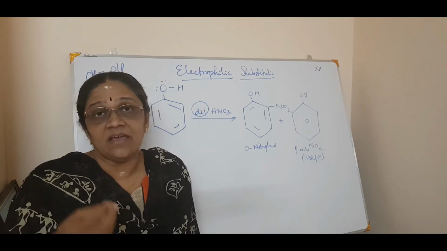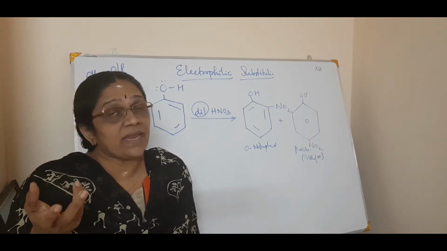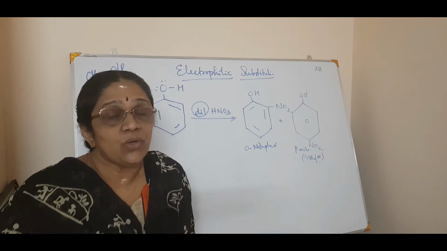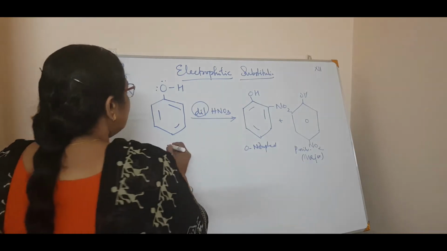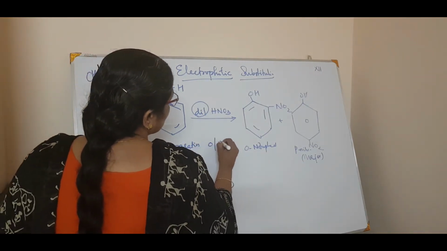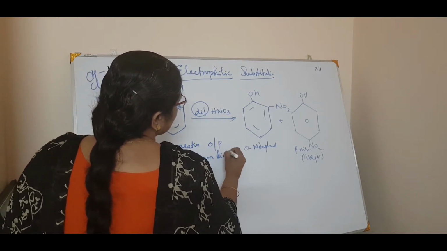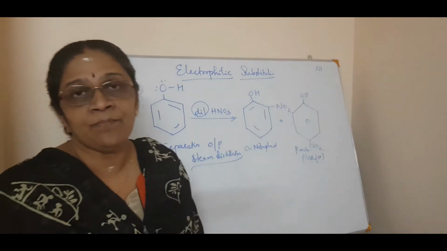You have studied, if the boiling point difference is greater than 25 Kelvin, you can use steam distillation for the separation, isn't it? So in this case, you can use steam distillation for the separation of ortho and para isomer. So what is the method? It is steam distillation.